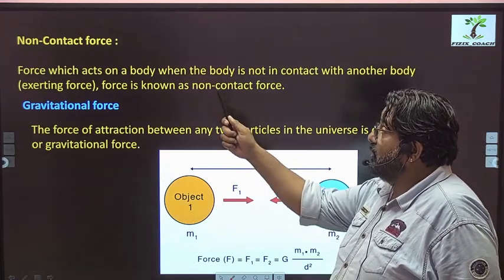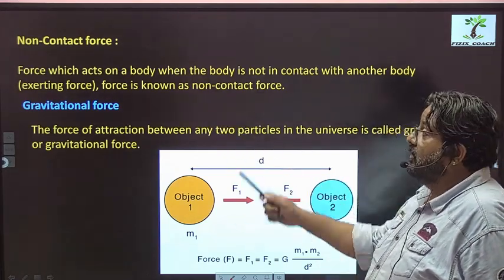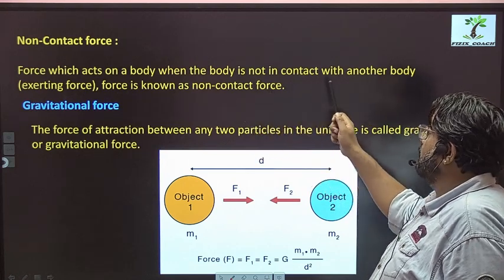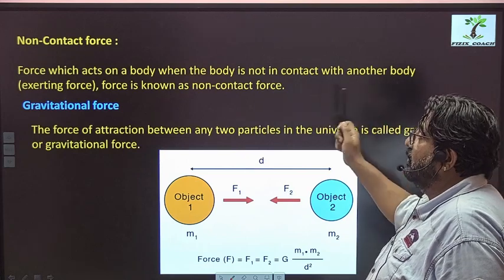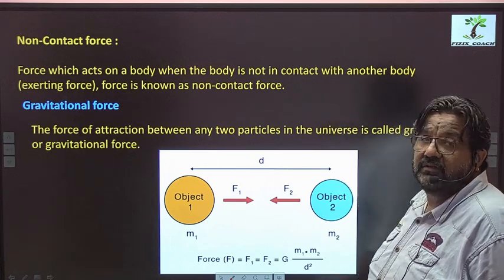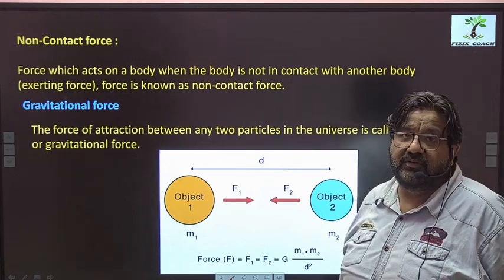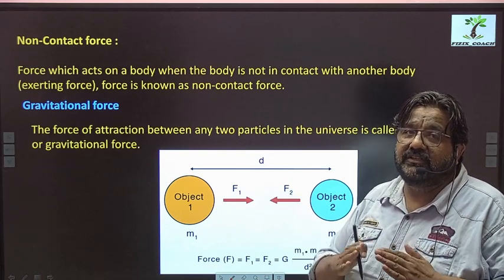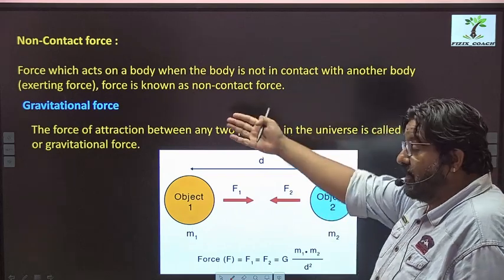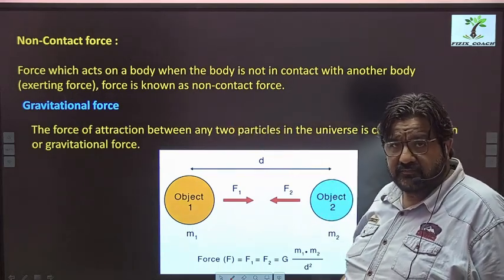So non-contact forces are forces which act on a body when the bodies are not in contact with another body. This time the objects will not be touching each other. The example is gravitational force.